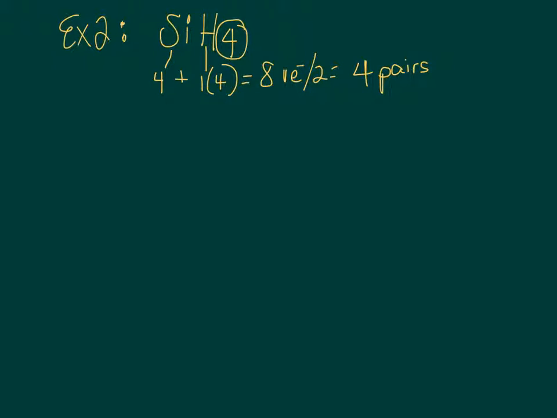Rule 2 says your single guy goes in the center. So that's silicon, Si. We'll do both drawings side by side. Rule 3 says bond your outside atoms. So there are 4 hydrogens sitting outside of the silicon. So I'm going to bond my 4 atoms.